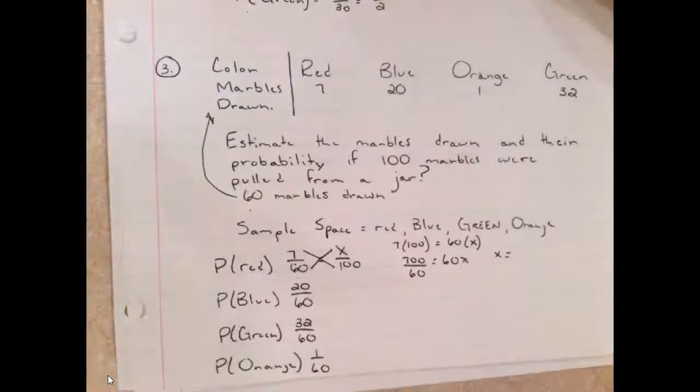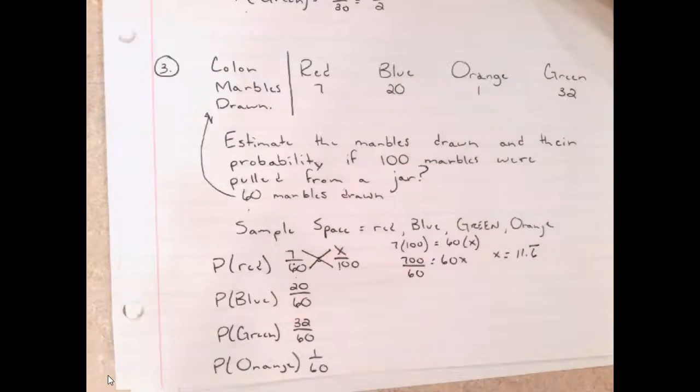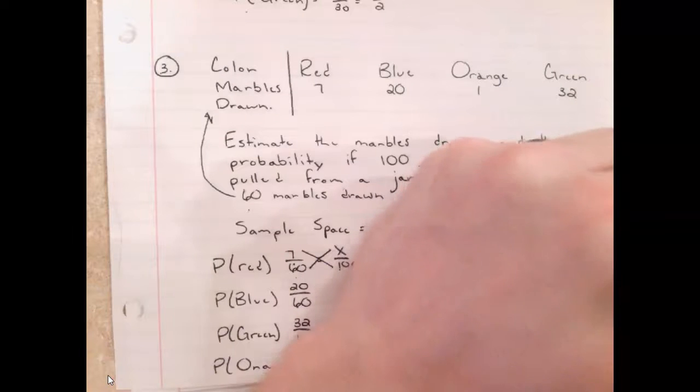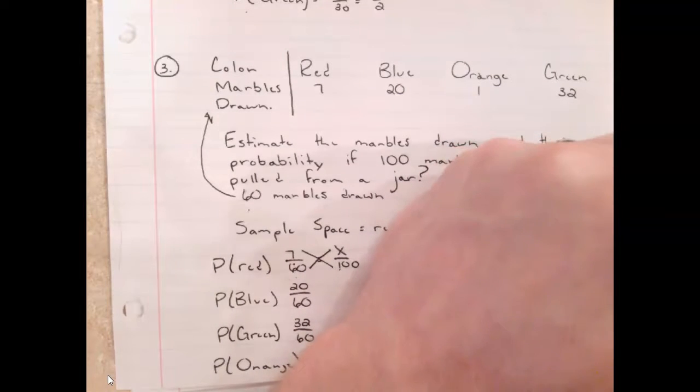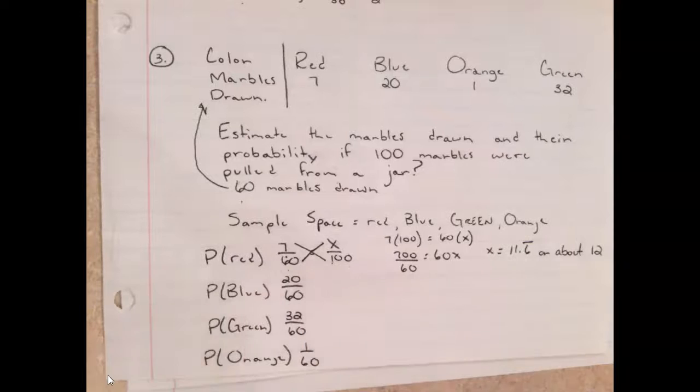X equals 11.6 repeating. Is it possible to have 11.6 marbles? You should be telling yourself, no. We're estimating. So it would be about, round up, about 12. So about 12 of the marbles drawn were red.